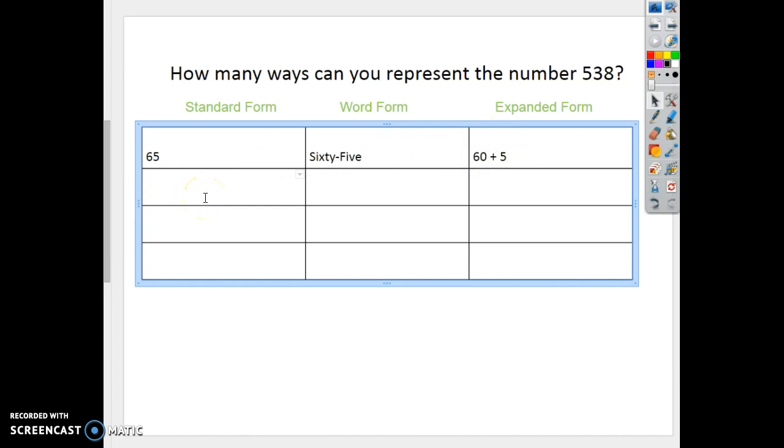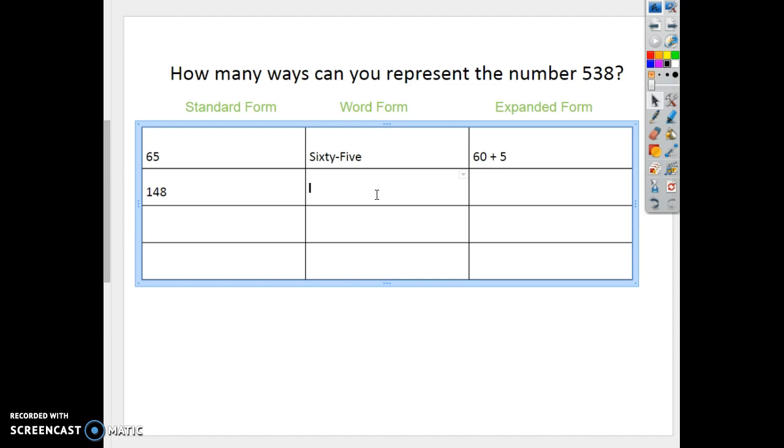I'm going to do one more example and then have you do 2 on your own. So what if I just did 148? All right, so pause the video, do the word form, and then also do the expanded form.